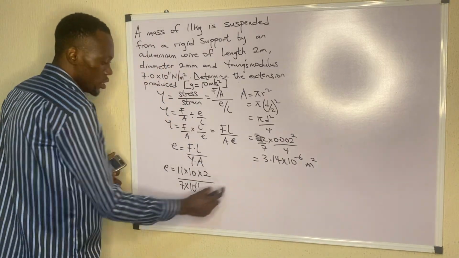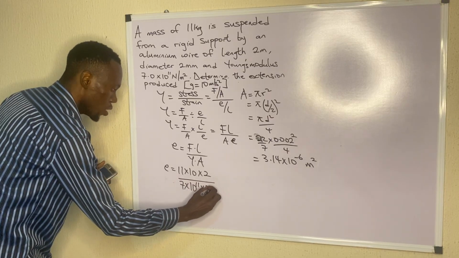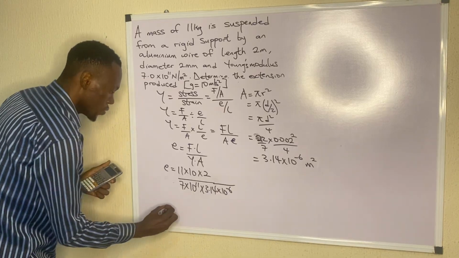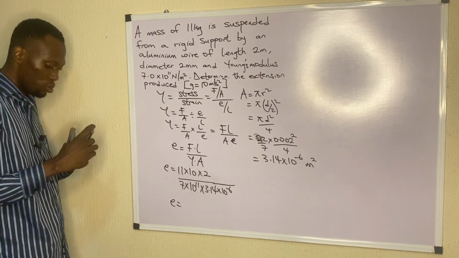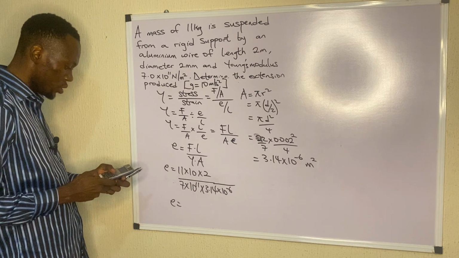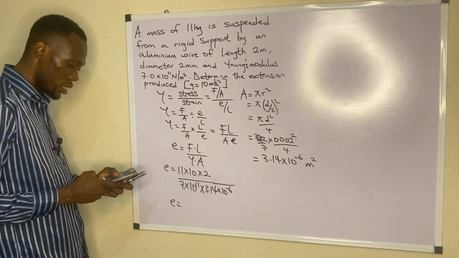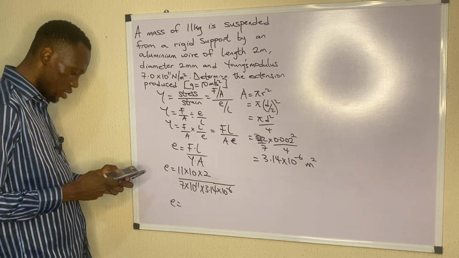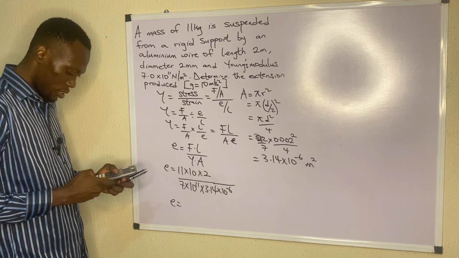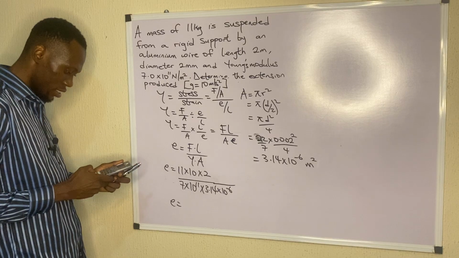So I'll plug this into the formula. The extension produced would be 11, which is the mass, times the acceleration due to gravity, times 2, which is the length, divided by the denominator, 7 times 10 raised to the power 11, times 3.14 times 10 raised to the power of minus 6.